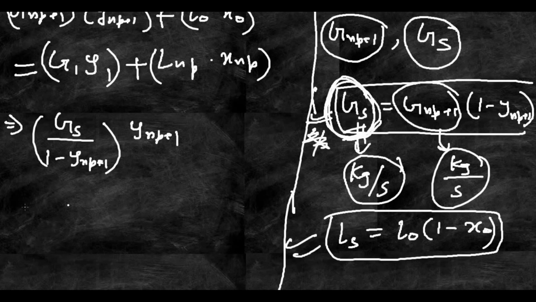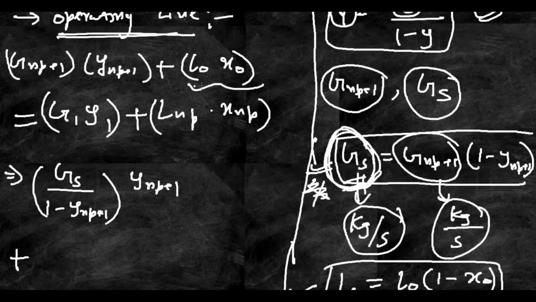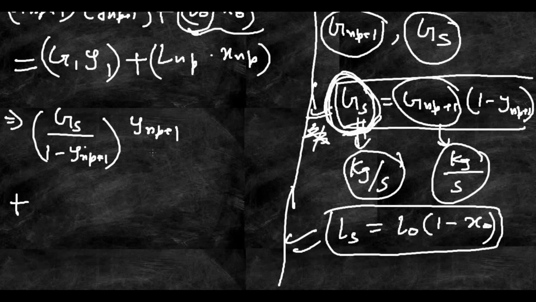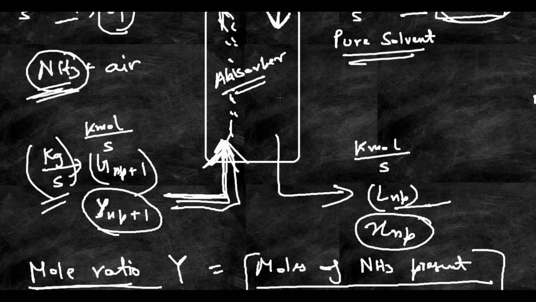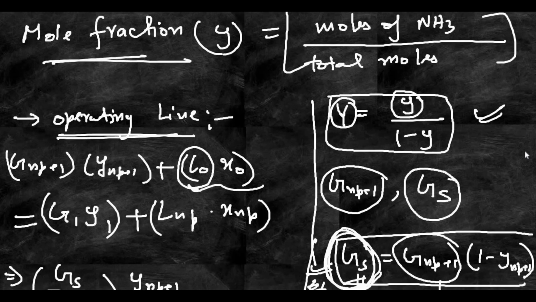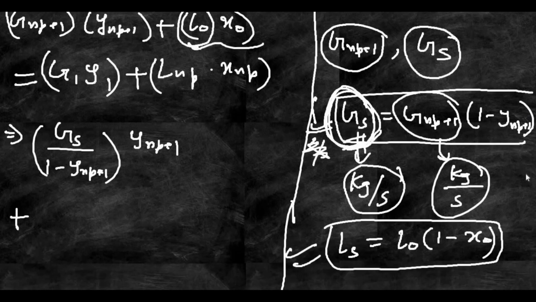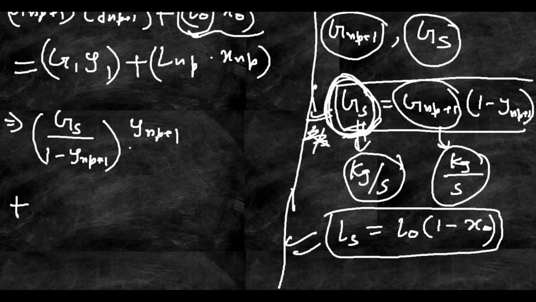Plus I have to take this L0 x0, and again I will represent this L0 with the solute free basis. Why am I doing the solute free basis? Because the solute free part will be constant throughout the tower. The terms considering the entire thing will vary, but the solute free terms, the concentrations will not change. So I am taking the balances without the solutes. So Gs by 1 minus y_{N_P+1} times y_{N_P+1} plus L0 x0.